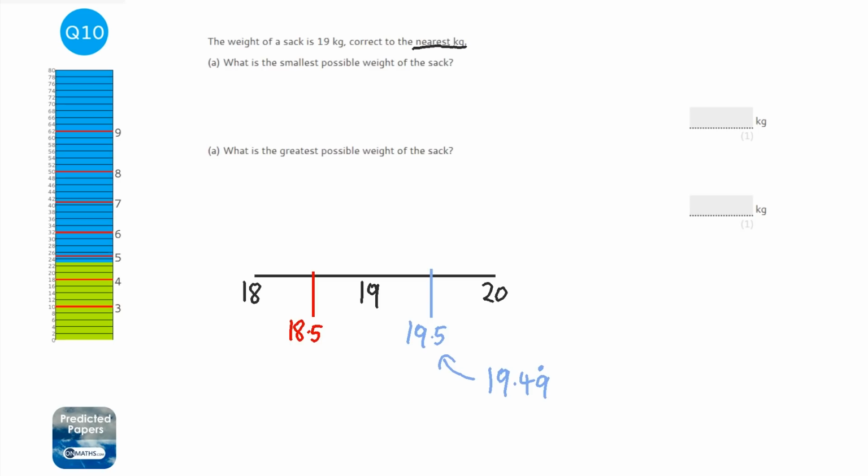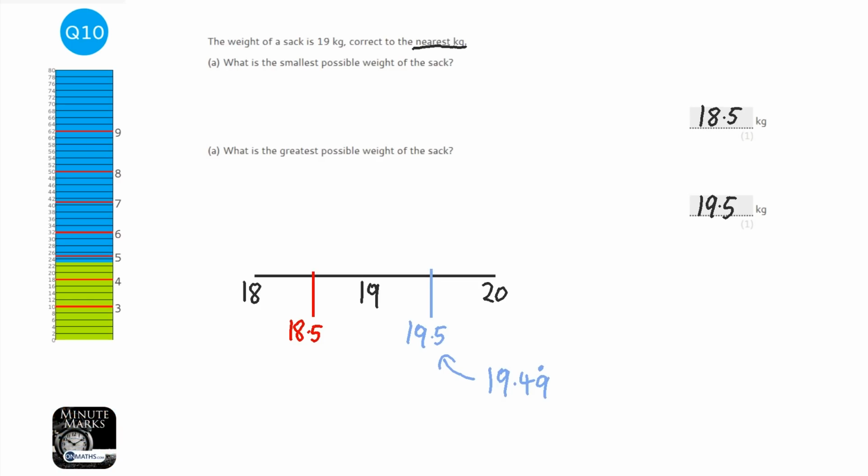Unfortunately, 19.49 recurring is actually the same as 19.5. So, for our smallest possible weight, we put 18.5. And for the maximum possible weight, we can actually put 19.5, even though we know that would have rounded to 20. Now, this works because it's a continuous scale.